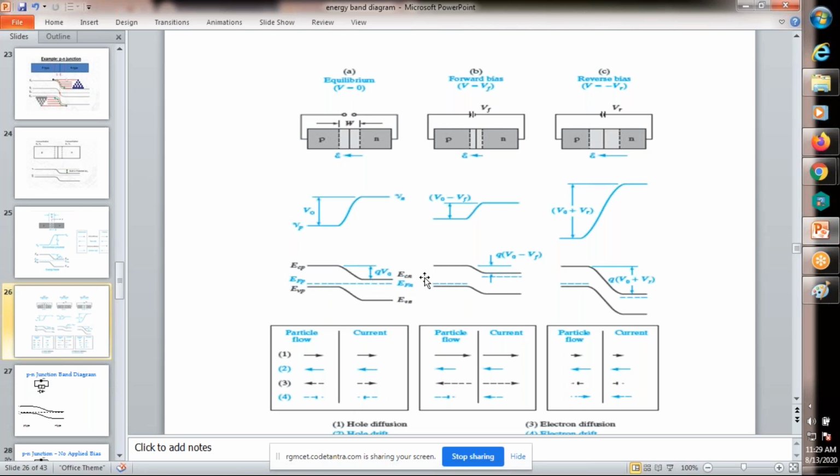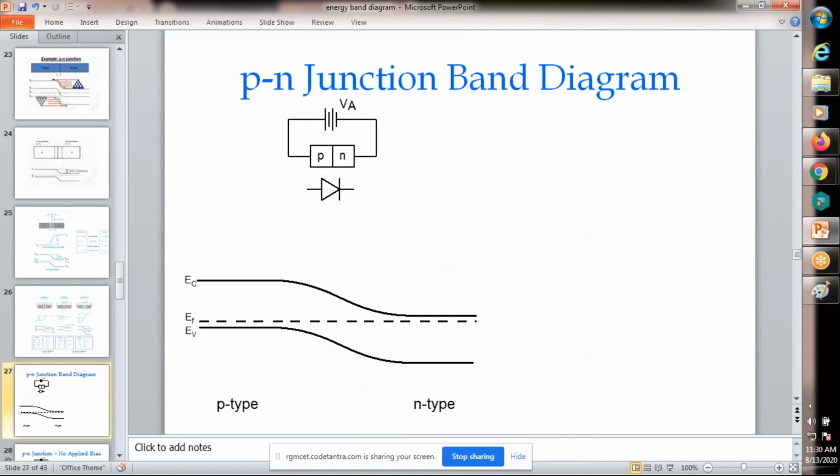These are the band diagrams for the different cases. Under equilibrium, this one is the forward bias, where qV0 reduces, by how much? V0 minus Vf. For reverse bias, this built-in potential increases, by how much? qV0 plus VR.